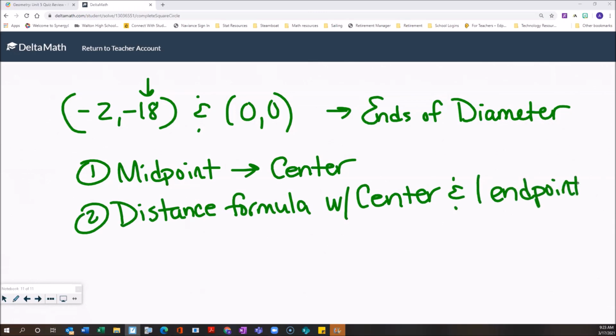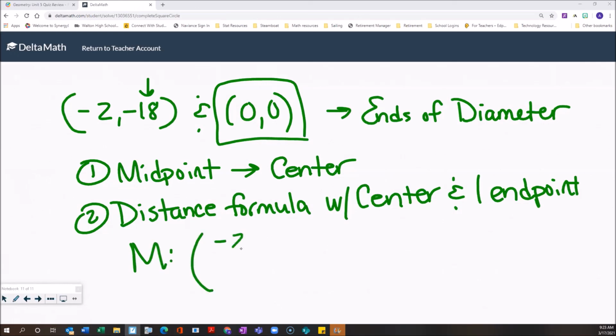And in this problem, which endpoint am I going to pick? The easy one. Okay. So let's do the midpoint. To get the midpoint, you just average the x values. So that means I do -2 plus 0 divided by 2 is the x. That's that.